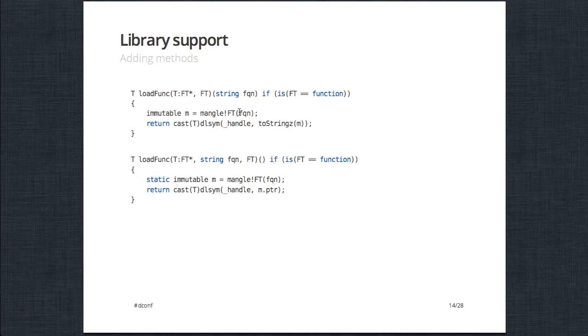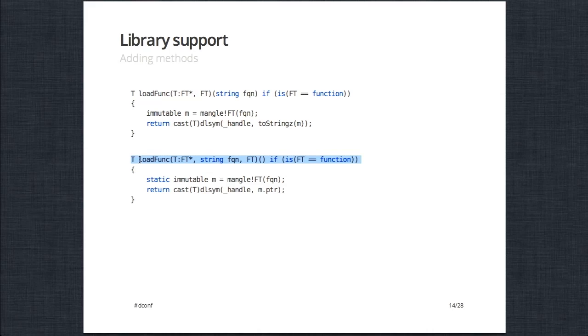This is a straightforward function to do, because you can take the mangling of the type and just use the fully qualified name. You have to add some underscores and some numbers to it. It's not a very difficult task. And then you can use the mangled name to query the handle for that symbol, and you can cast that.